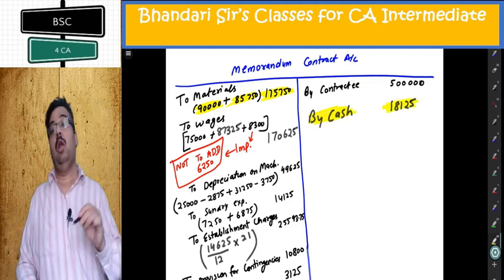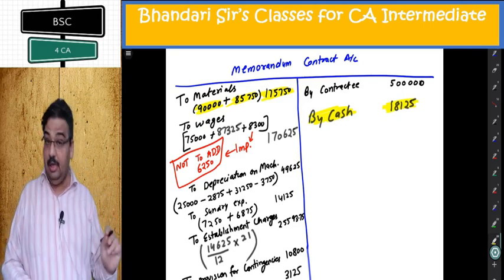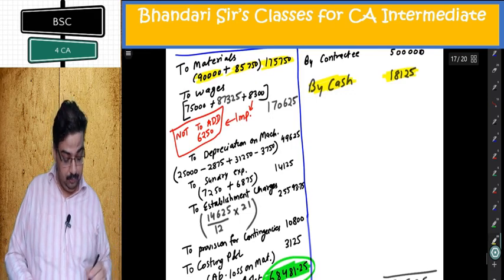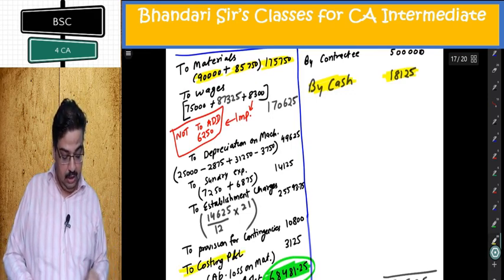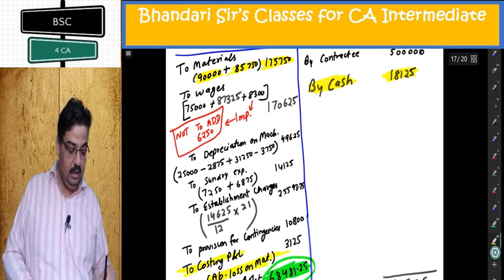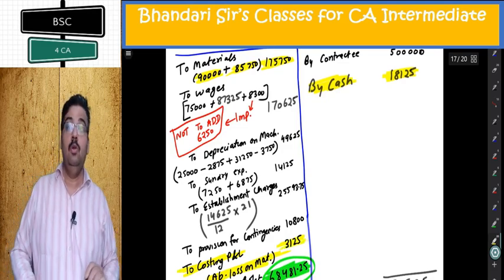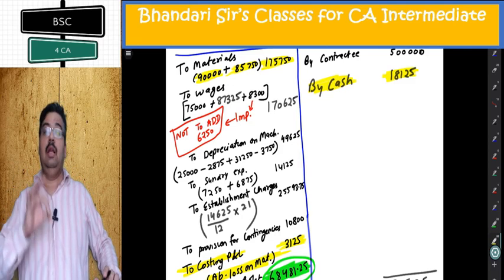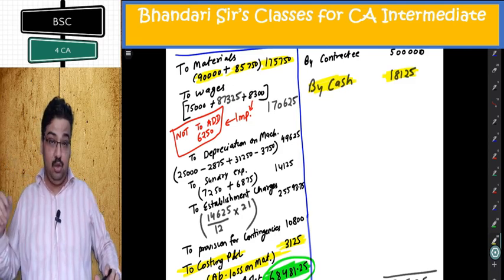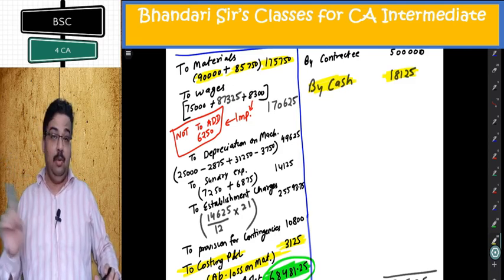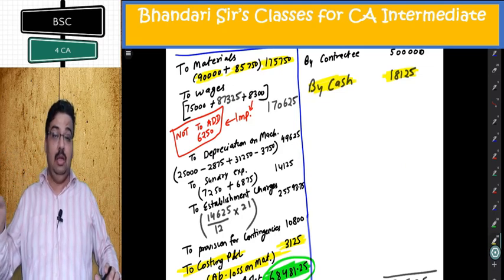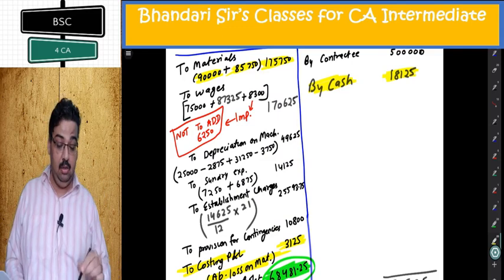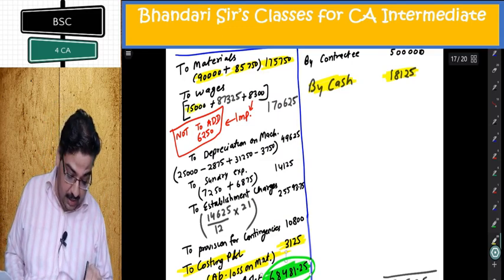On that there is abnormal gain put on debit. This it did in contract account also. Same will happen in memorandum contract also. This is to costing P&L, abnormal loss of material 3125. Be very sure there is nothing like closing material at site, because when the contract ends there is no material given there. So no material at site will come which came in the contract account. That was intermediate item. Labor 75,000 paid.